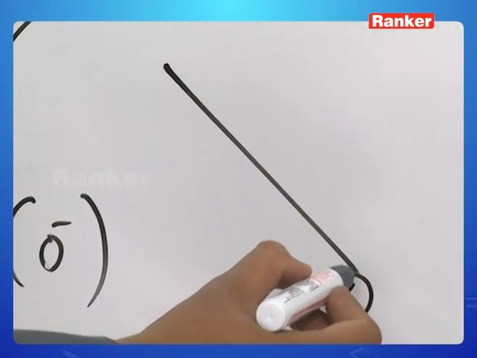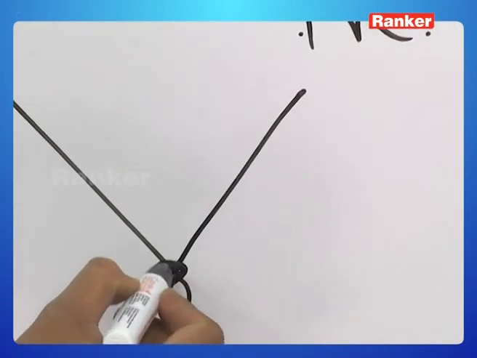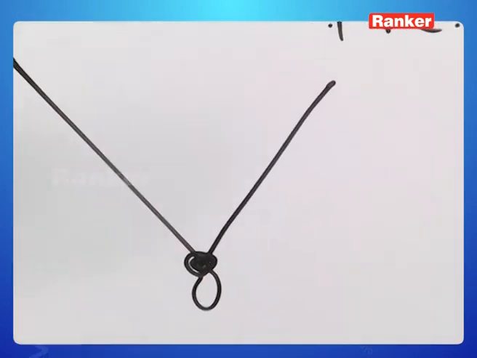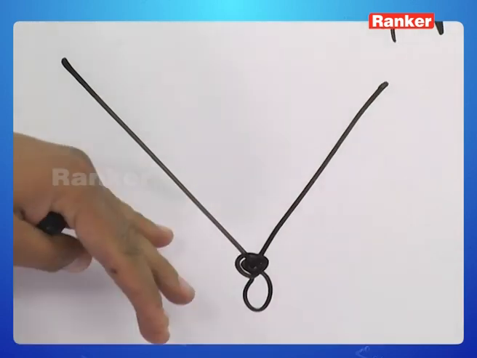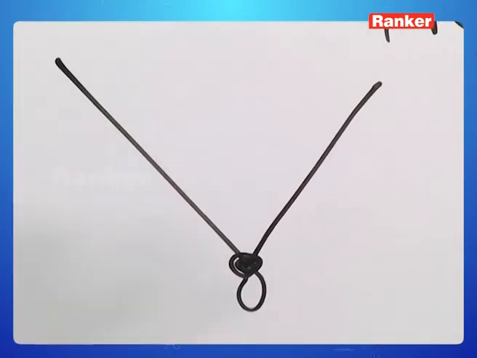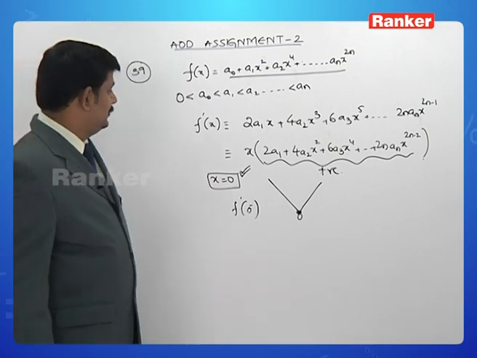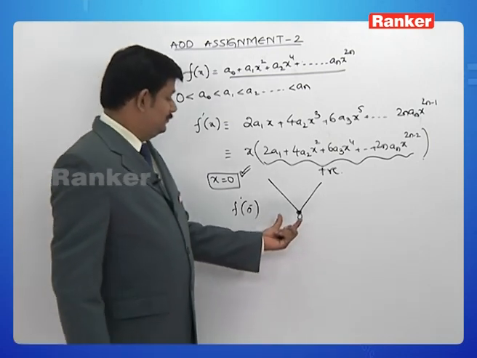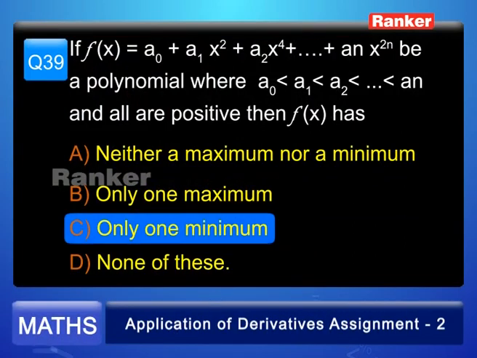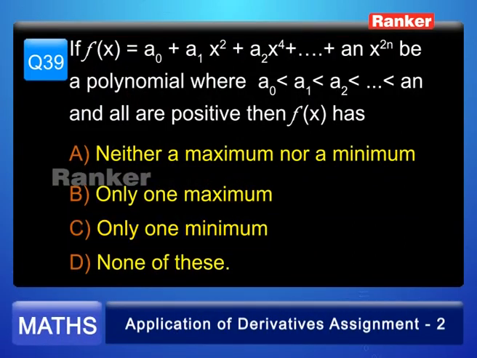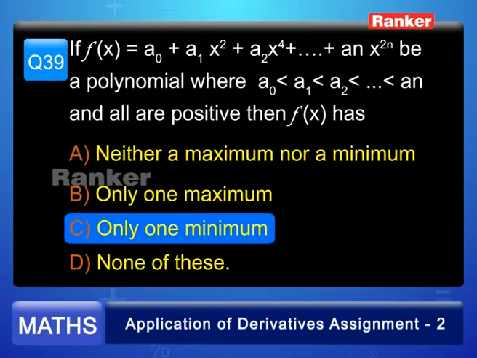So, the slope of the tangent is positive. So, we have a positive slope tangent to the right, negative slope tangent to the left. This is a point of minima. From the first derivative test, we can say this is a point of minima. So, there is only one point of minimum, which is option C.